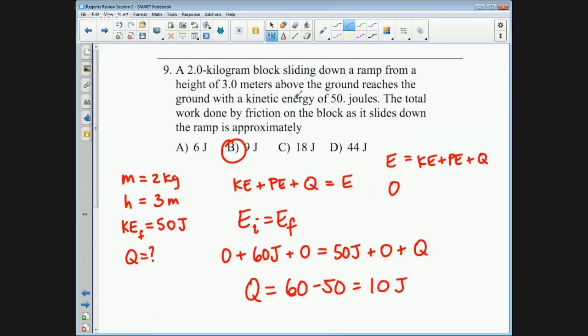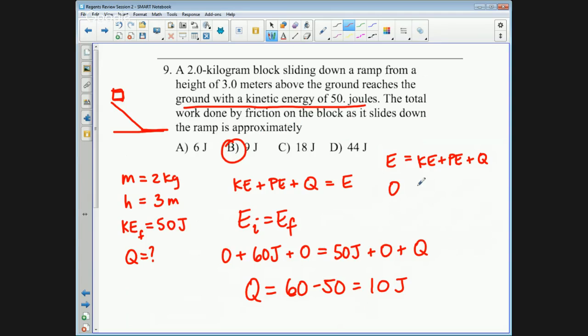The initial kinetic energy is 0 because it's not moving. So it's on a ramp, right? Here's the block, and initially you assume it to not be moving. So if the initial speed is 0, then the initial kinetic energy is 0. And then when it gets down to the bottom of the ramp, that's when it says here at the bottom of the ramp, that's the final kinetic energy.